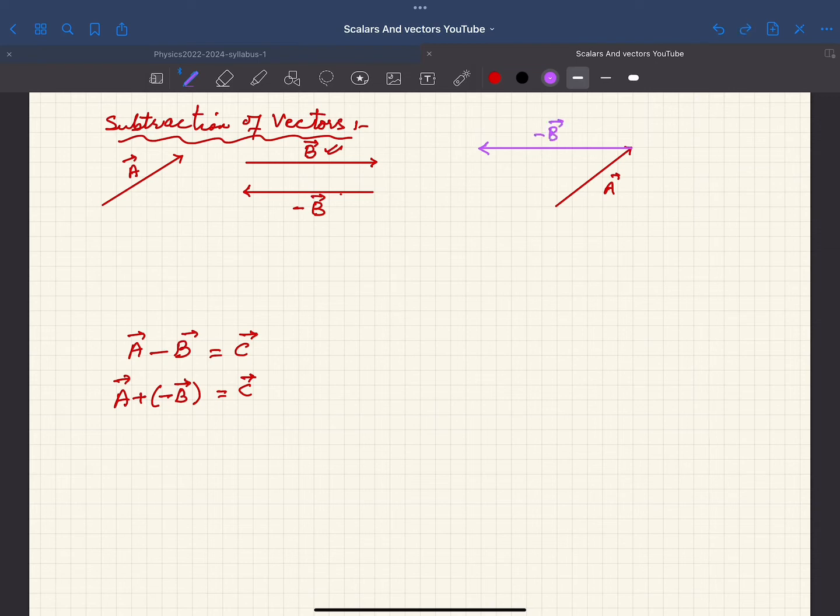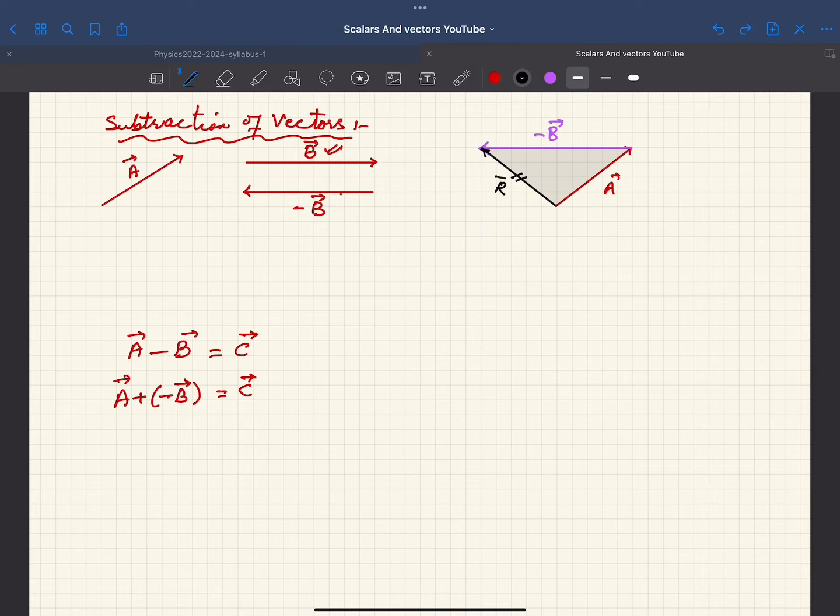So what actually you have done, you have added these two vectors through your head to tail rule, and the resultant vector will be a vector which is from the tail of vector A to the head of negative B. So this will be your resultant vector.